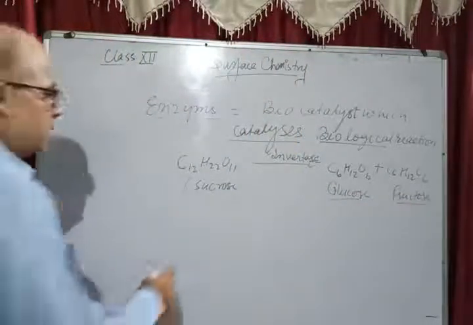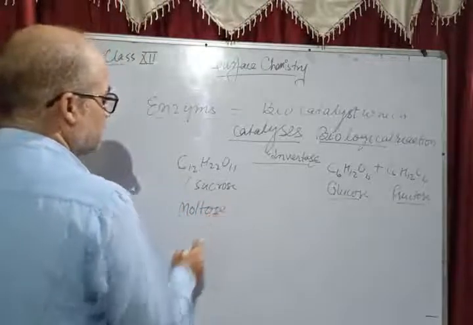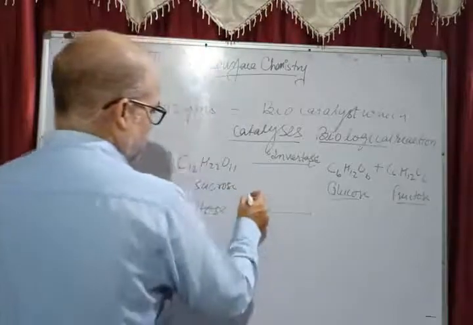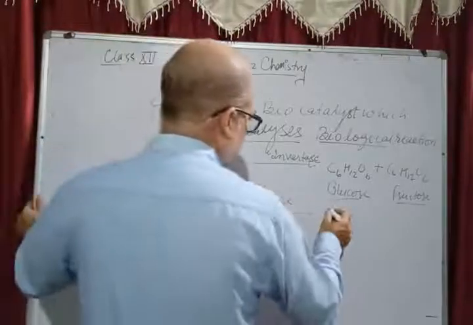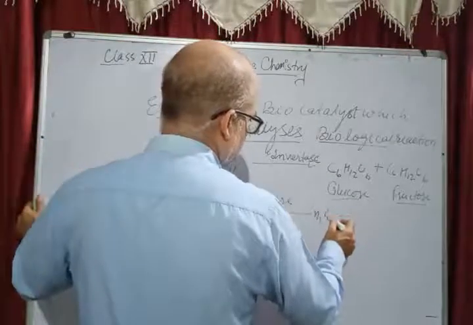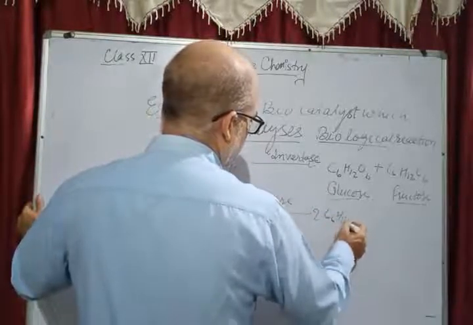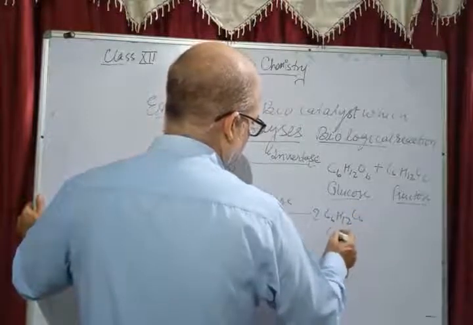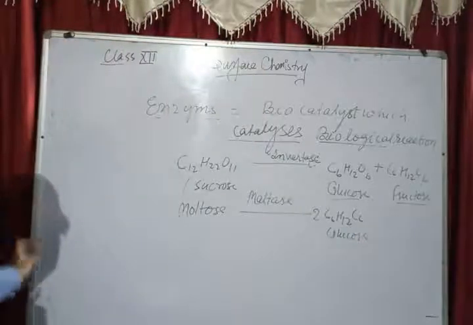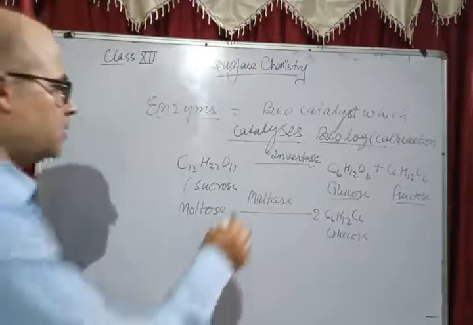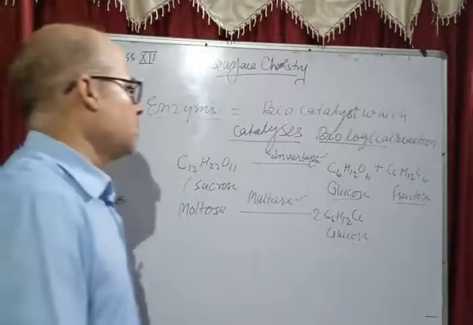So many reactions are catalyzed in the body. You can take maltose, malt sugar. In the presence of maltase enzyme, it breaks into 2 molecules of C6H12O6. This one is the glucose. Okay. Similarly, there are some other enzymes. These are the enzymes which catalyze the biological reaction.